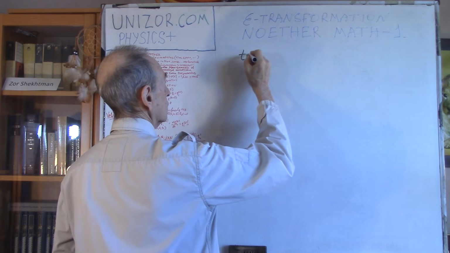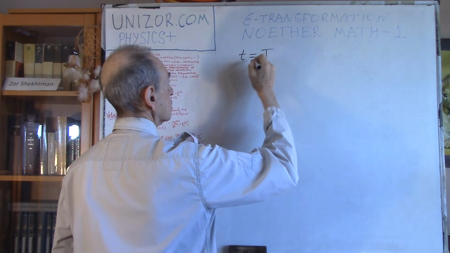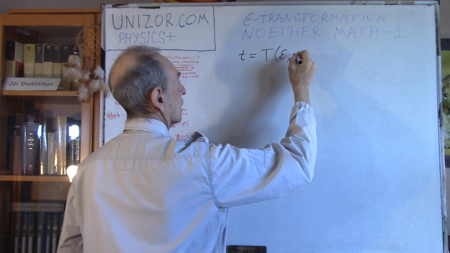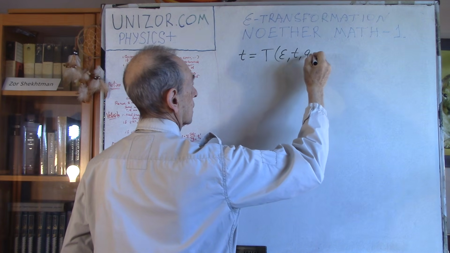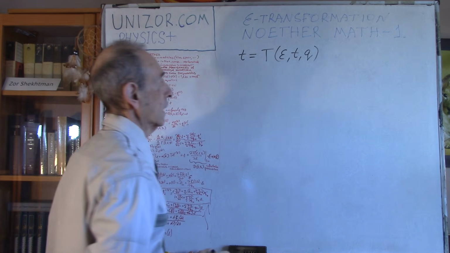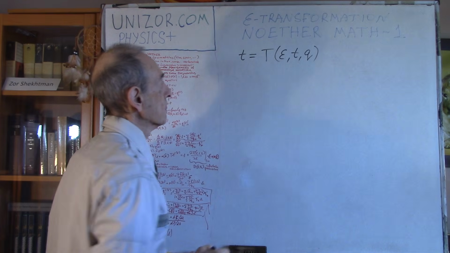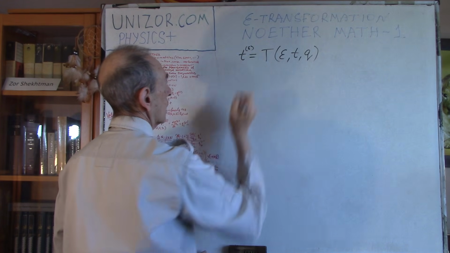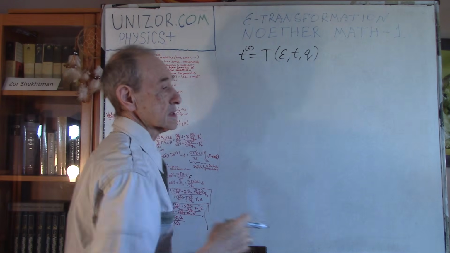So what we are doing is introducing a function which depends on time and coordinates, and that would be a new time, and I will put epsilon, where epsilon is a parameter.